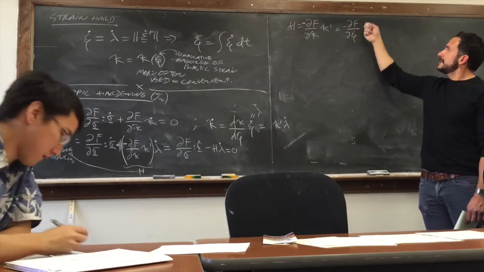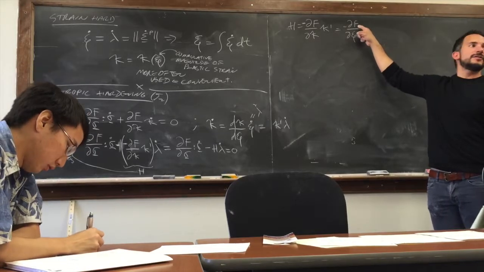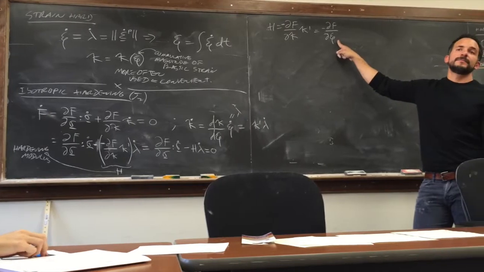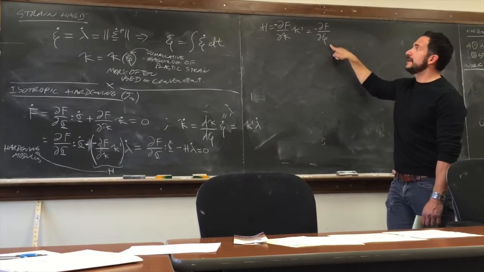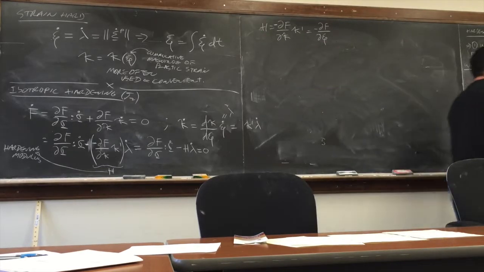Meaning it's a measure of, we're computing the variation of F with respect to the accumulation of plastic strain. Okay? That's what this derivative means. That's what the hardening modulus is. How is F changing as I am accumulating plastic strains?